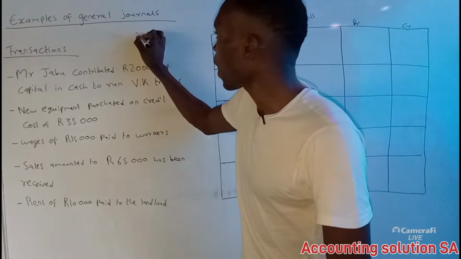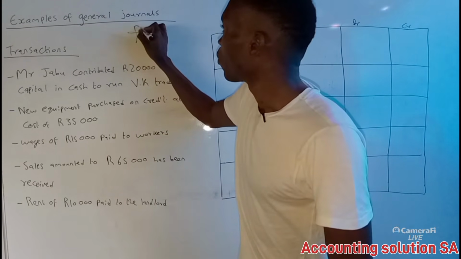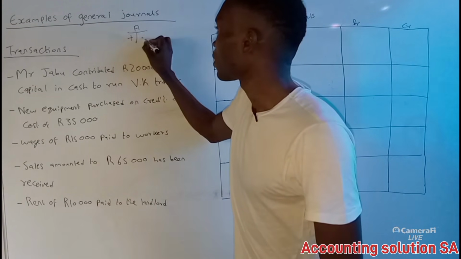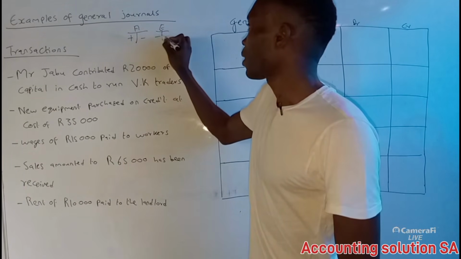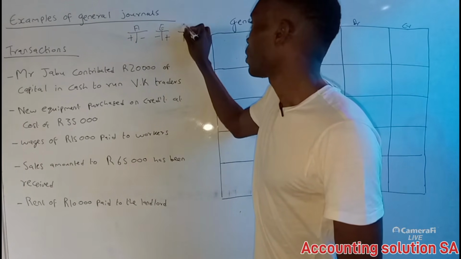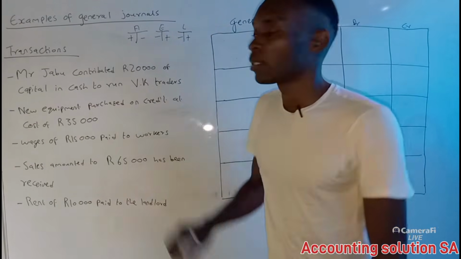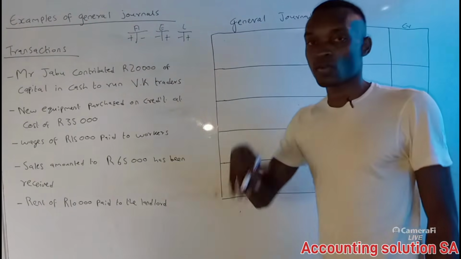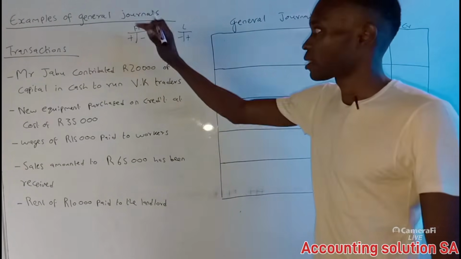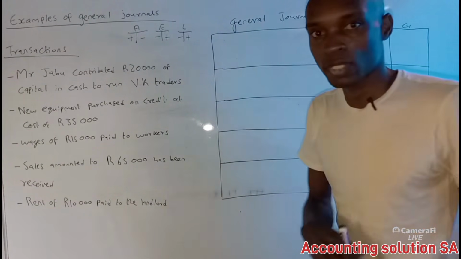Okay, we apply the principle of assets increase on the debit and decrease on the credit, and equity minus plus, liability minus plus. Okay, so now let's try to treat all these transactions applying the same rule and see how we are going to record it here.